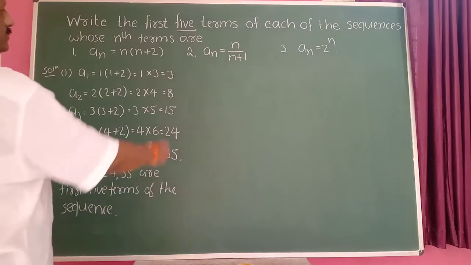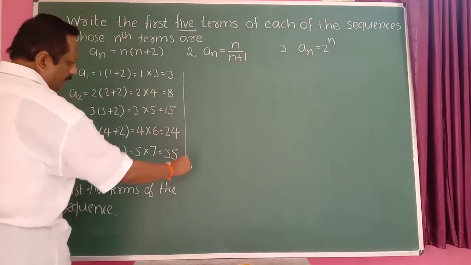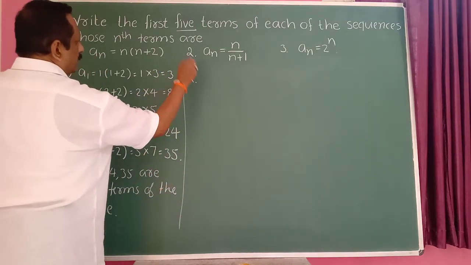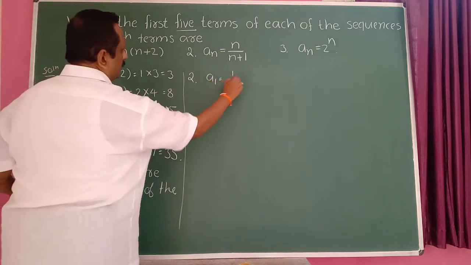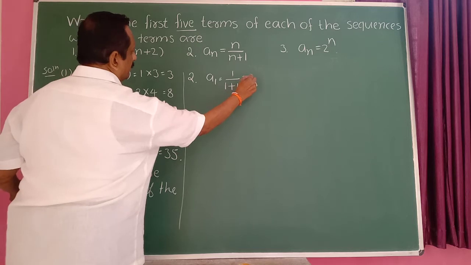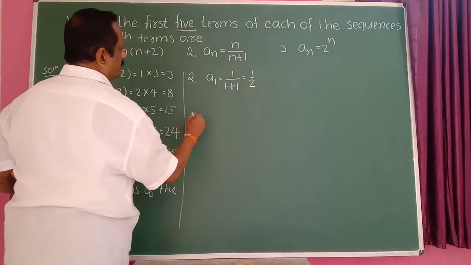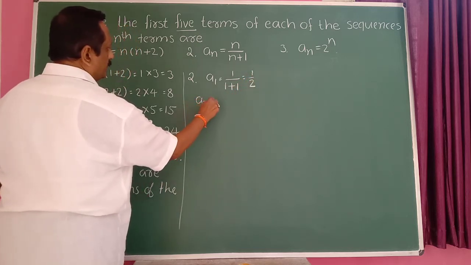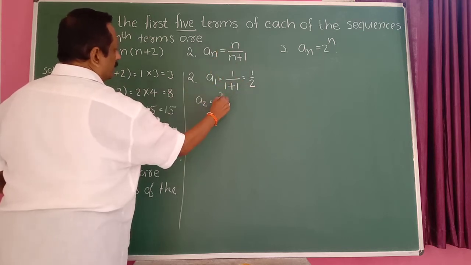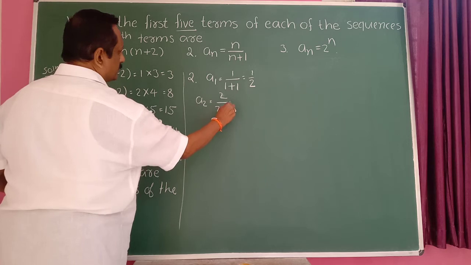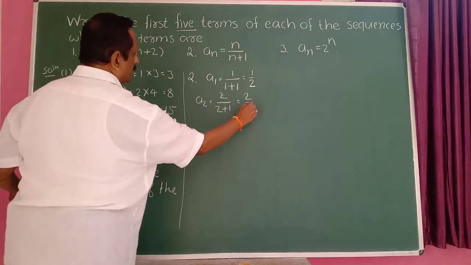Similarly, second example here. Put n equal to 1 here. So 1 divided by (1 plus 1) gives 1 upon 2. a2 is equal to, put n equal to 2 here. So 2 divided by (2 plus 1), so 2 divided by 3.